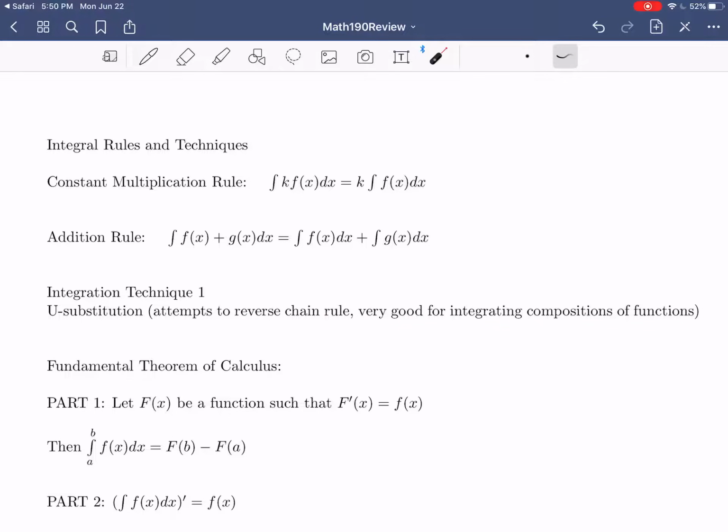A good tip-off that you need to use U-substitution is if you see a composition in your integrand. If you see a composition inside the integral, then you pretty much know you need to use U-substitution. There are other situations where you use U-substitution even without composition, but anytime you see composition, U-substitution should jump to the forefront of your mind.